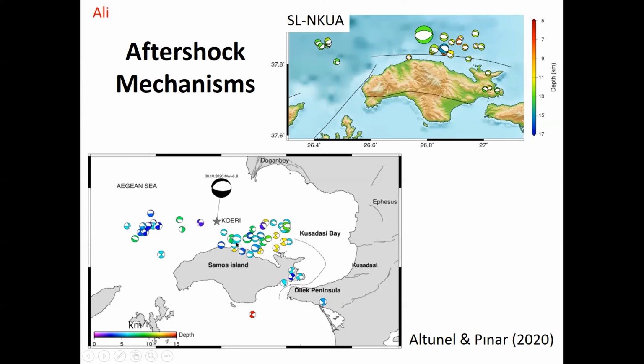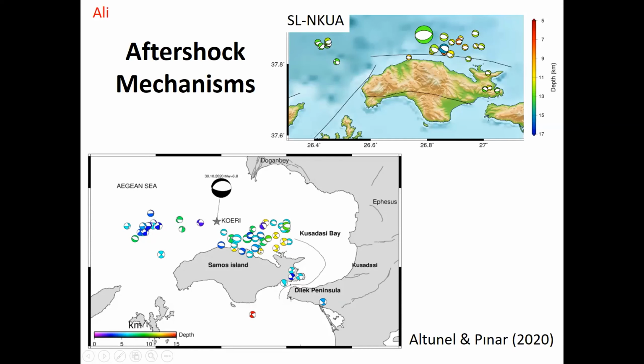Probably this is a question that should be answered in the context of geodynamics, because when we model the stress changes associated with the main shock, we notice that the area of optimally oriented strike slip and optimally oriented normal faults actually coincides.